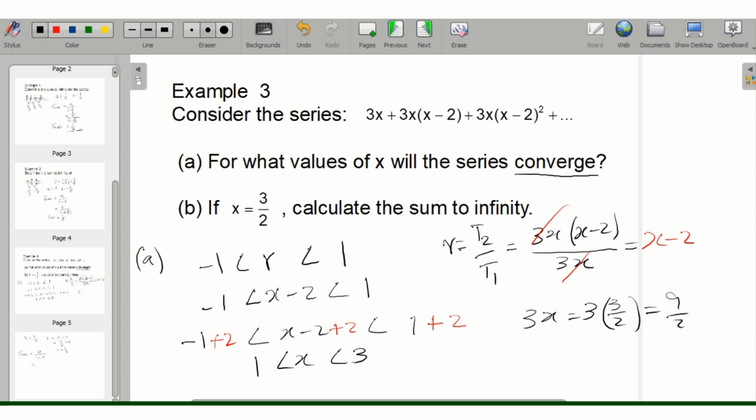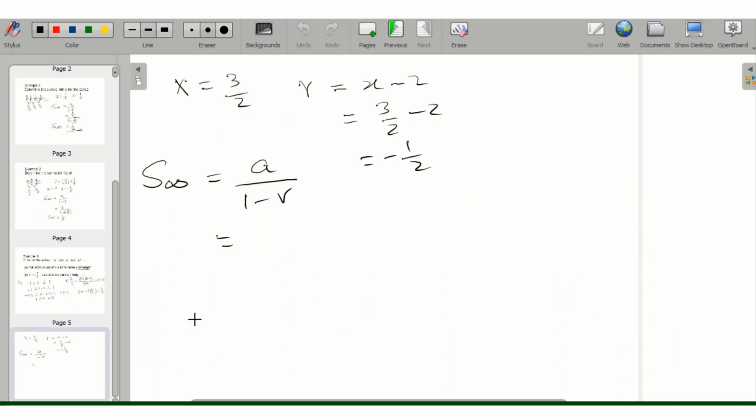So if you go back and substitute that, you'll have 9 over 2 for your a, over 1 minus your r, which is minus 1/2. Putting this in your calculator will give you 3.